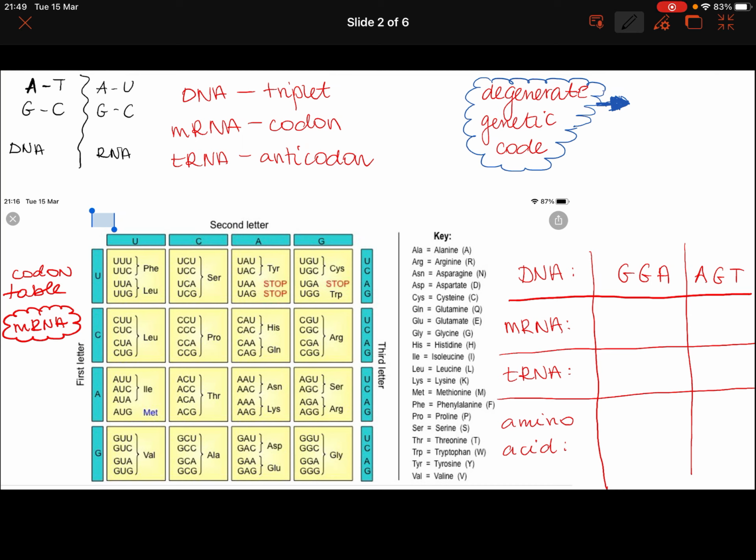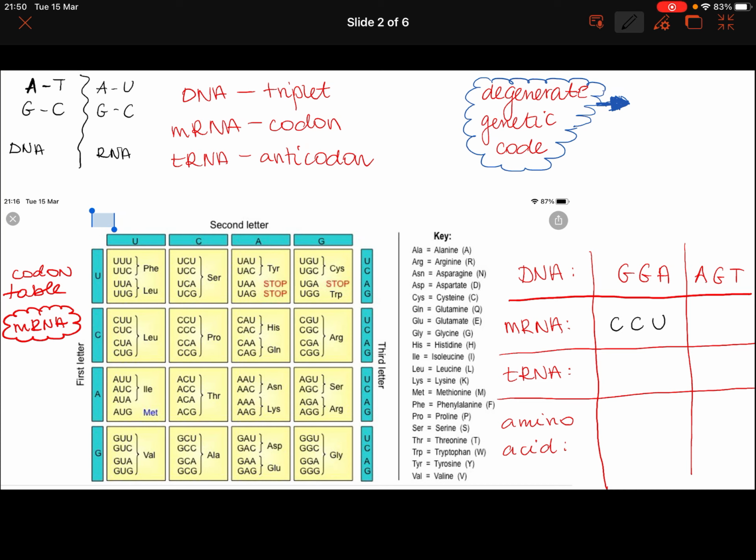So if on the sequence of DNA I can locate guanine, adenine, then the codon on mRNA will be cytosine and uracil. So we're starting with the DNA. That's the complementary codon then on mRNA.